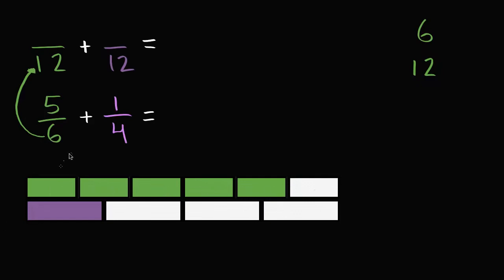So let's do that. Let me see if I can do it pretty neatly. So I can do it a little bit neater than that. So it'll look like that. And then let me do this one. I want to divide them fairly close to evenly. I'm doing it by eye, so it's not going to be perfect.